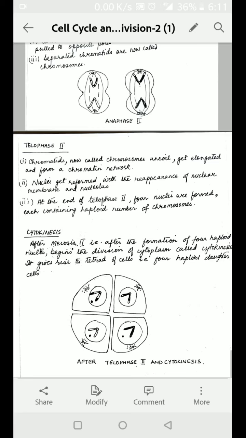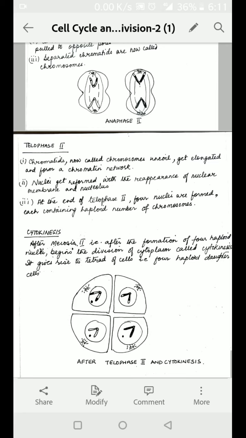Telophase is a stage in which there is a reversal of the events that took place in prophase, so telophase 2 is a reversal of prophase 2.